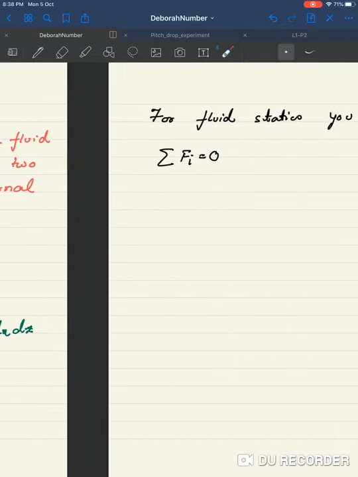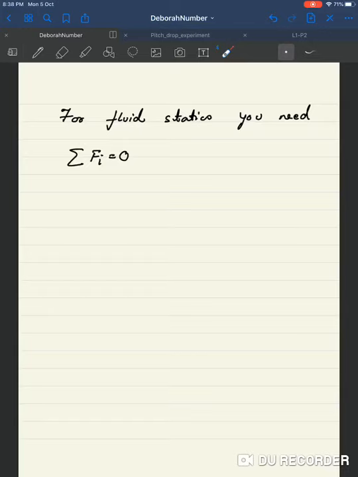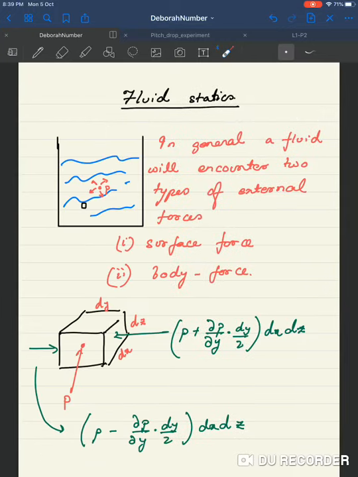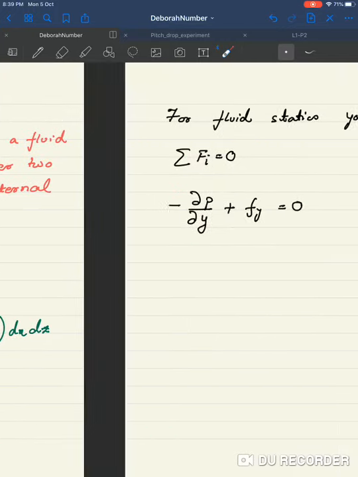When you do the summation, you will end up with, and this is something you have probably seen earlier, del P by del y plus Fy equal to 0. This term would have to be multiplied by the volume, dx dy dz, but that would have cancelled out when taking the sums.